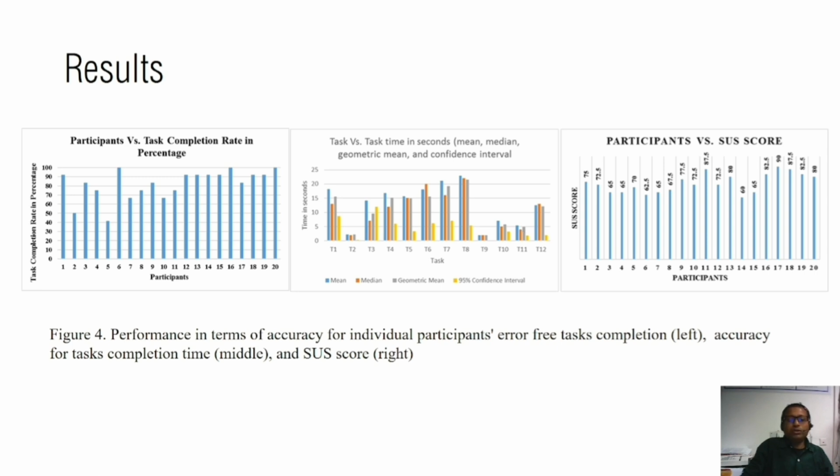So this shows that our system is efficient. For the teachers' usability satisfaction, we got a minimum of 60% and a maximum of 90%, with an average of approximately 75%. This score shows that our system is highly accepted by the teachers.